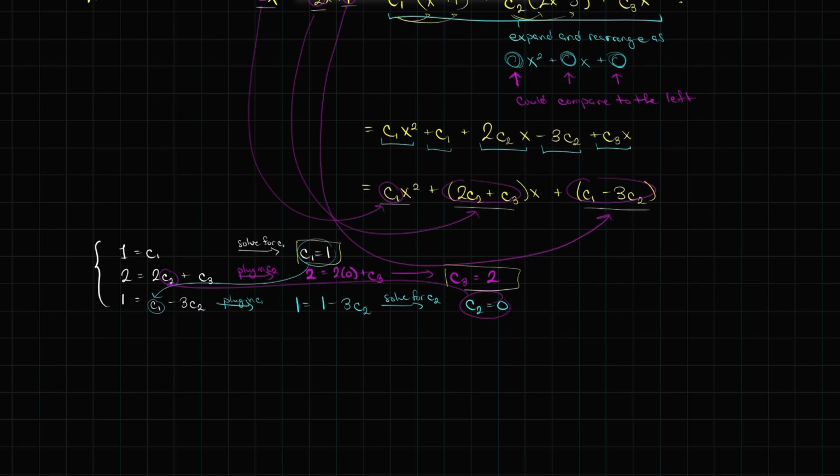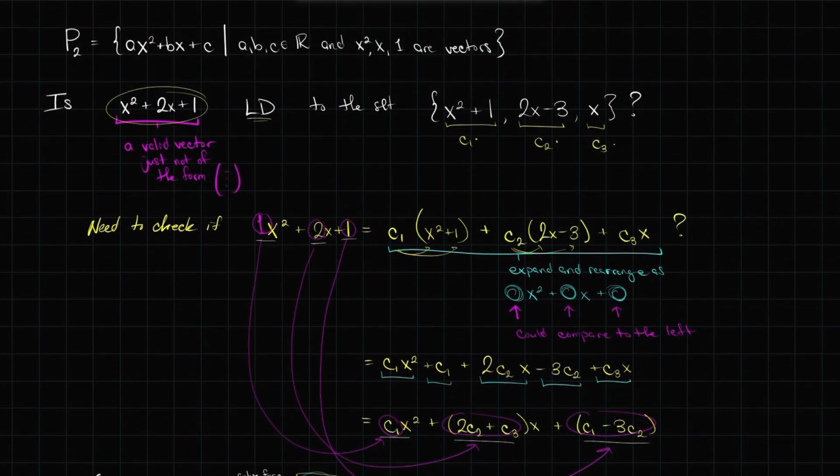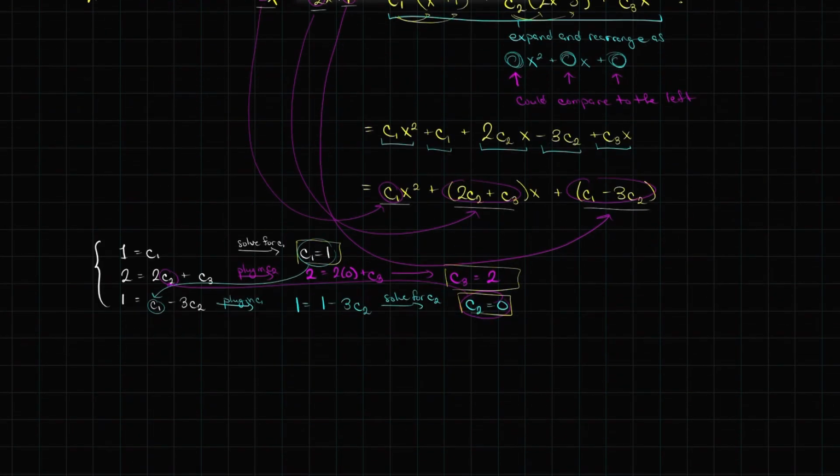Now I've found three coefficients for the linear combination. If I take each of my original vectors, x squared plus 1, 2x minus 3, and x, and attach the coefficients 1, 0, and 2, then I should end up with what I wanted.